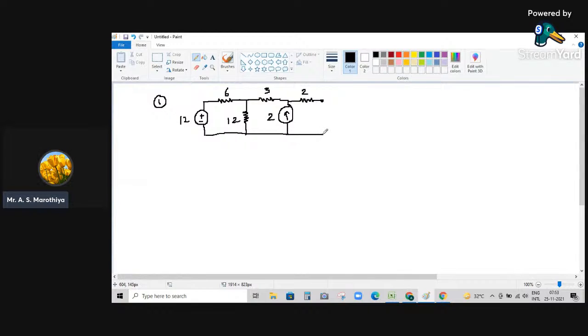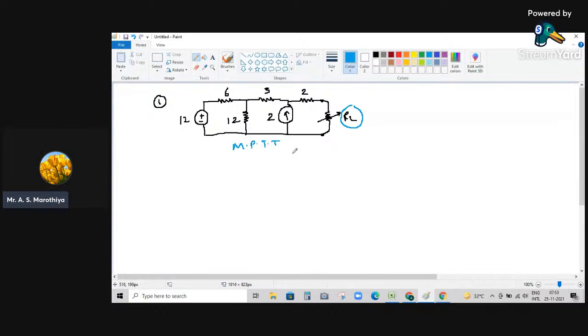Here we have connected a variable load of value RL, and our objective is to find out the maximum power which we are going to have across this RL, which is to be supplied by this particular network using the maximum power transfer theorem.